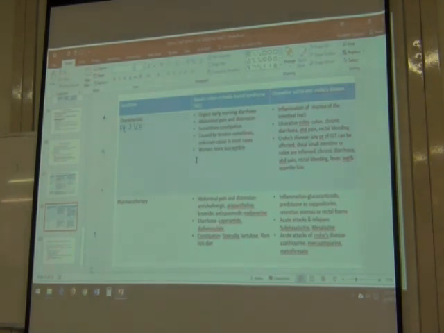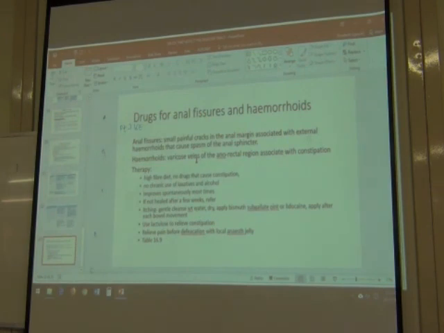Next are drugs for anal fissures and hemorrhoids. This is where the anal sphincter is affected. Anal fissures are when you have cracks in the anus. That is called your anal fissures.